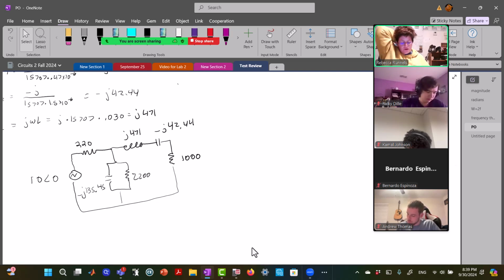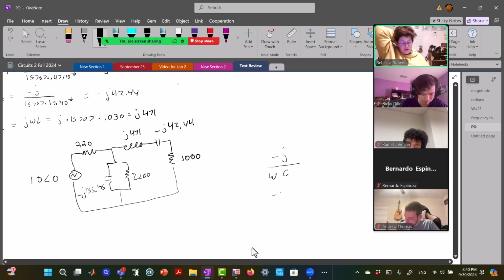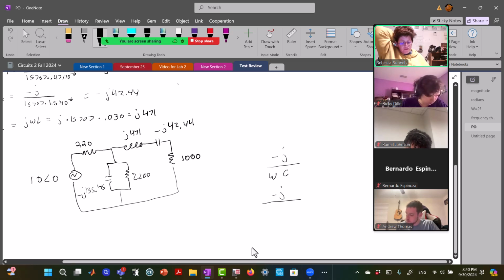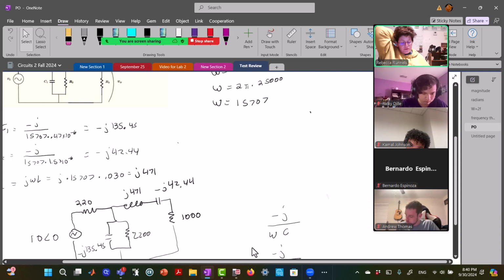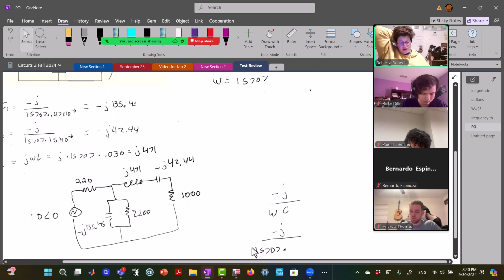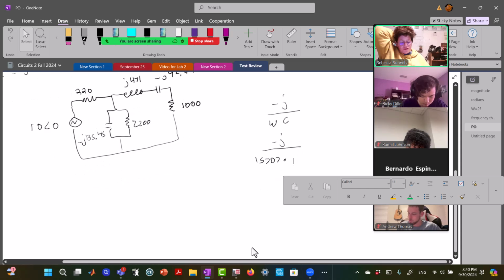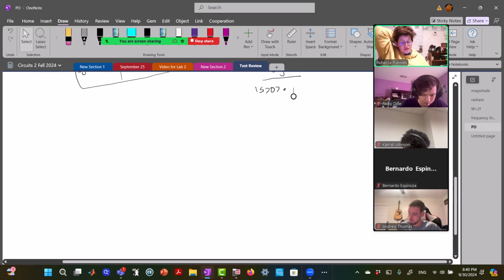So for C1, we had minus J over omega C. So it's minus J over omega, which I got to be 15707, times C1, 0.47 times 10 to the negative 6.